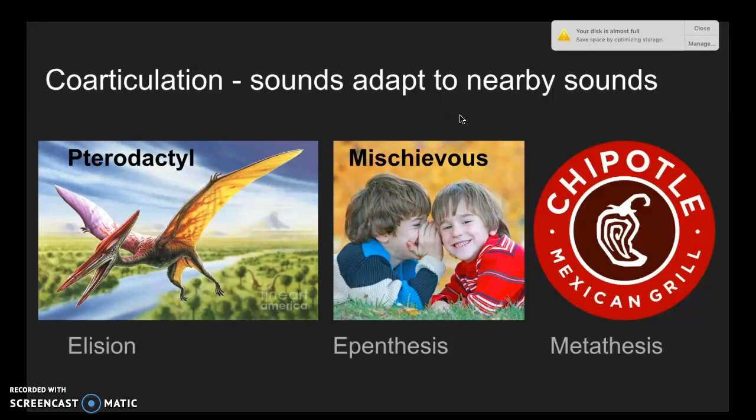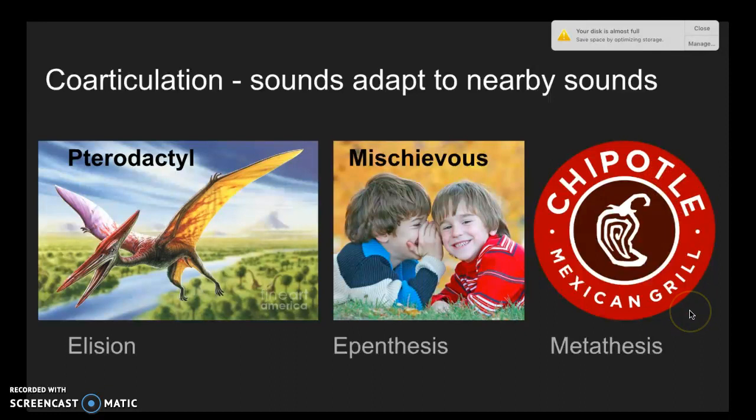I never even noticed it until I was studying up for this lecture, but the word mischievous doesn't have an I in there when you spell it out. We add it because it makes it more comfortable for us to say. And then lastly, if you take words that are from other languages and you adapt them for English, it might be a little bit uncomfortable to say chipotle because we don't have this TL combination in English.